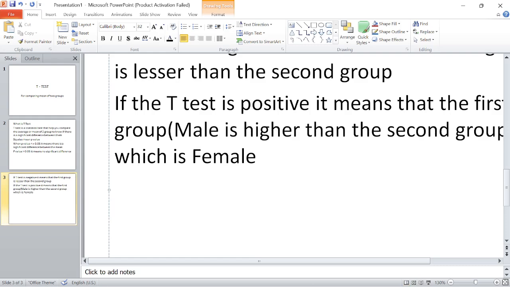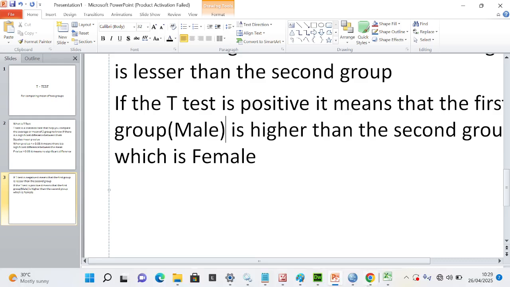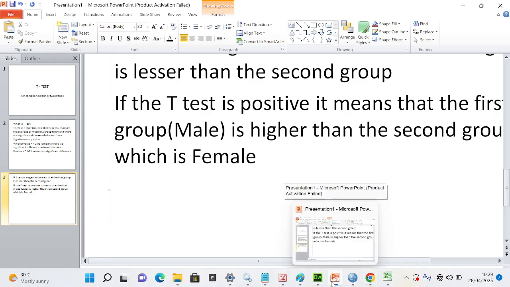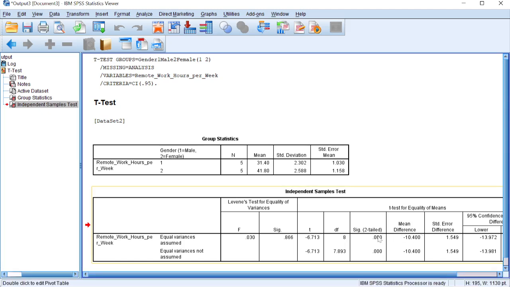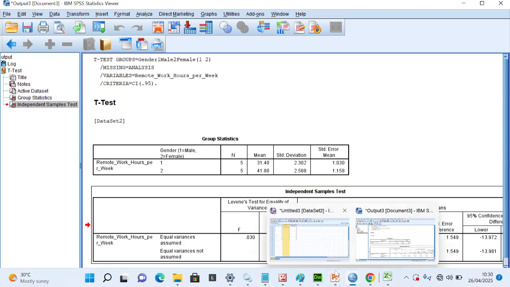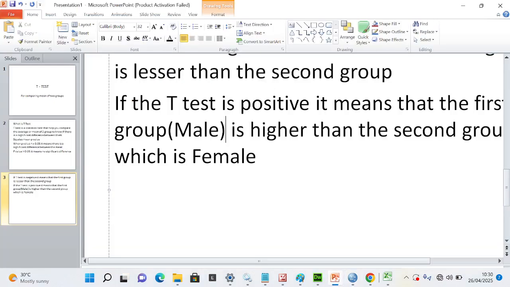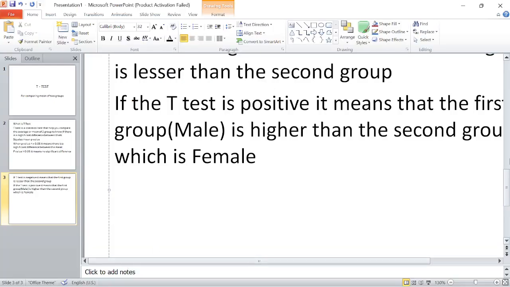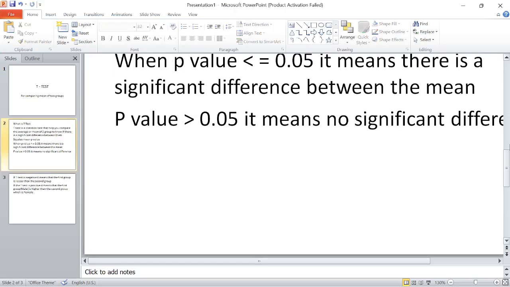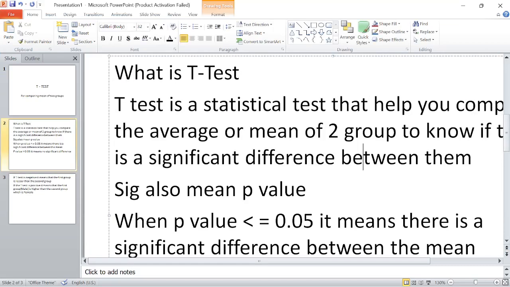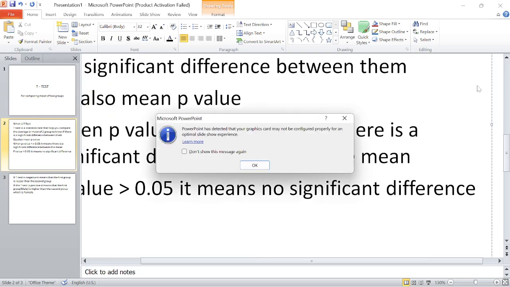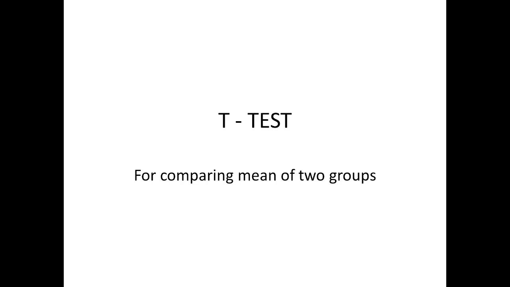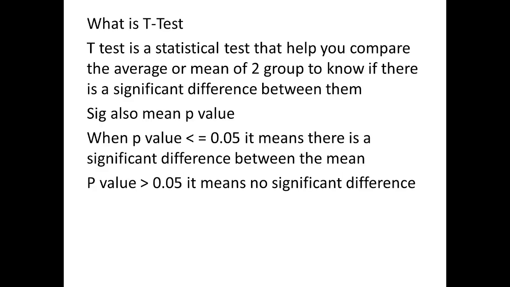So let's now go back and see. We are seeing a negative T test, which means our conclusion is right. So let's go and read it. Let me go to slide view so that we can see it better.